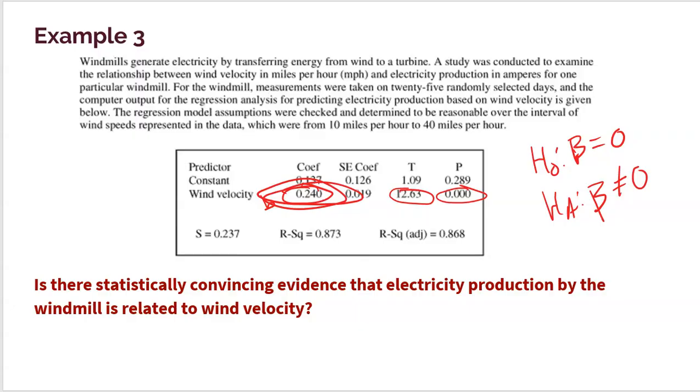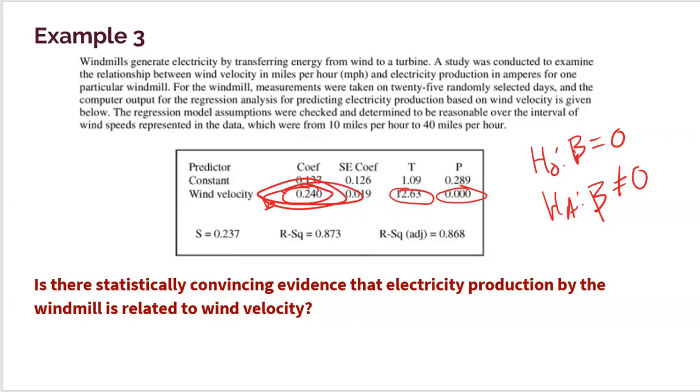So we would definitely reject the null. There is statistically significant evidence. In fact, there's a ton of it with such a low p-value. There is statistically significant evidence that electricity production by the windmill is related to wind velocity. There is clearly a relationship between these two variables, wind velocity and electricity production. And that's very evident without me having to do a whole lot of math.